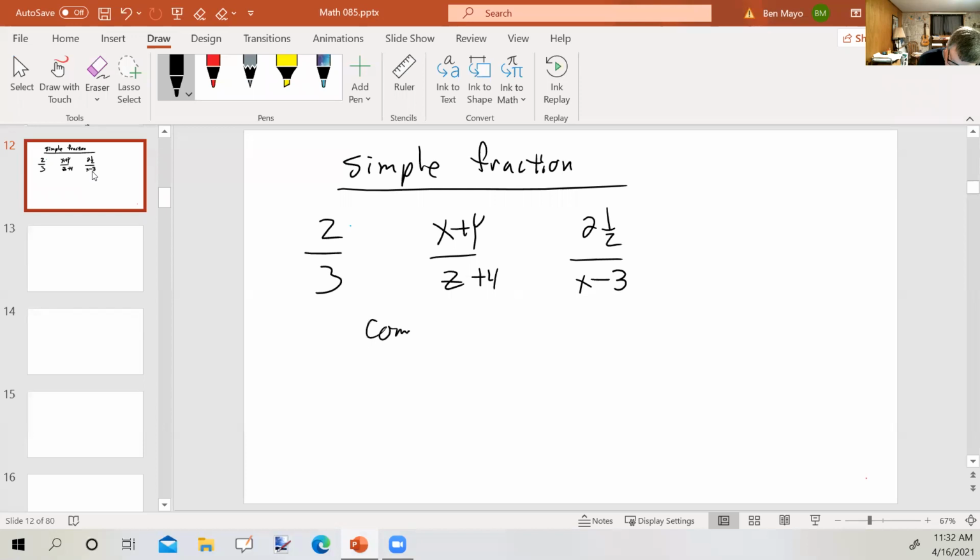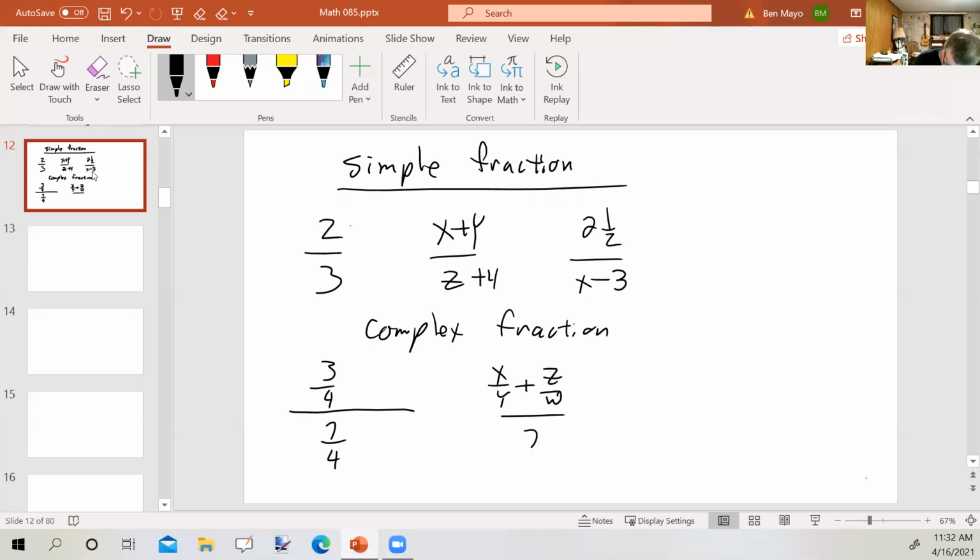Now, a complex fraction, there's going to be at least two fractions. So you've got the main fraction, but then you might also have a fraction in the numerator and or the denominator of the bigger main fraction. So this is a complex fraction, x over y plus z over w over 7.